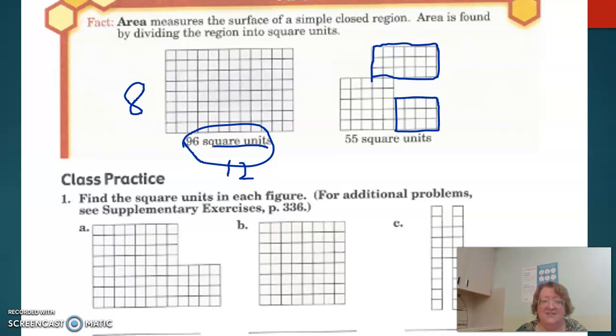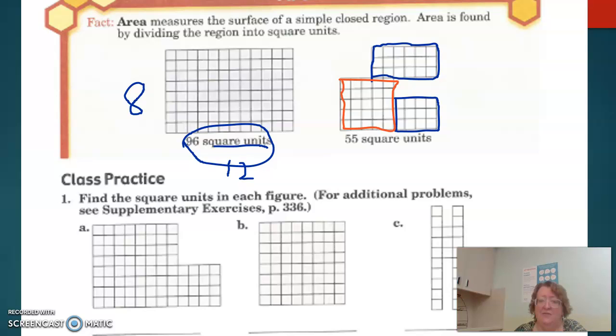So you'll notice now that we have 3 different shapes, 3 different simple closed regions. So now we need to count them separately.